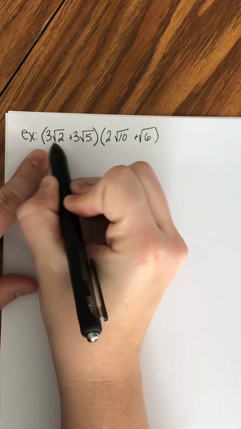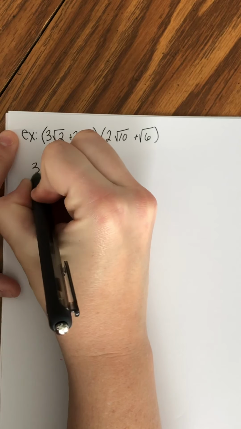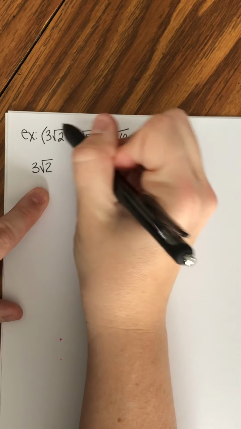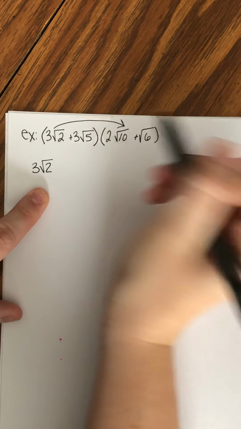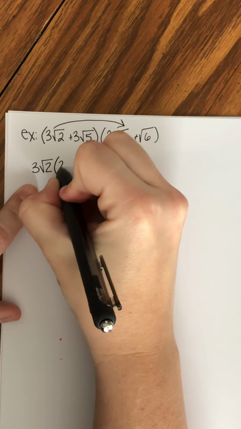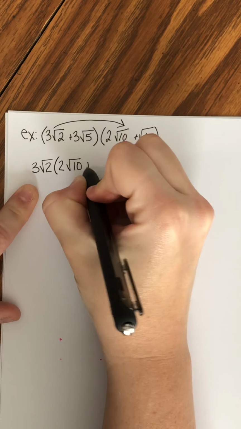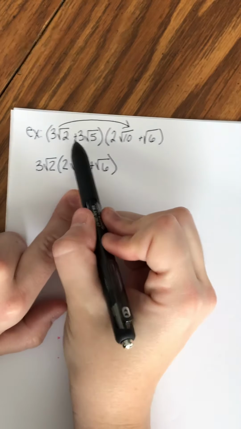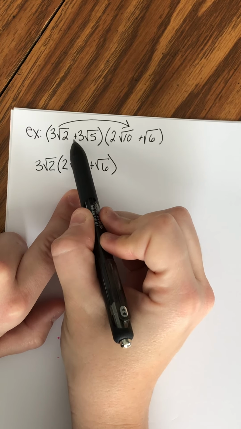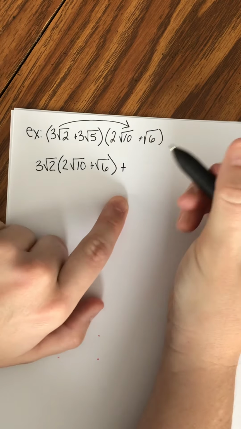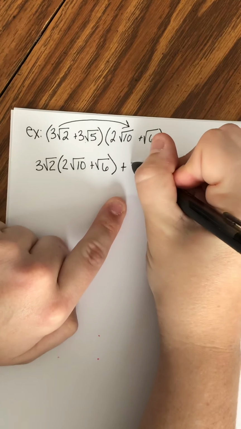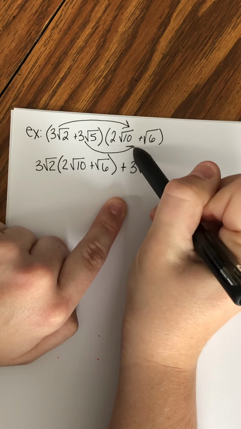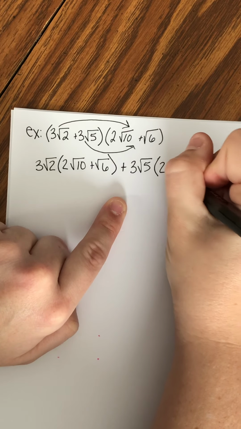So what I'm gonna do is take this first term, 3 square root of 2, and distribute it to this entire parentheses. I'm gonna copy that whole thing down. Okay? This plus sign right here tells us that we're gonna put a plus sign. And then I'm gonna take this second term, 3 square root of 5, and again distribute it to this entire parentheses over there.